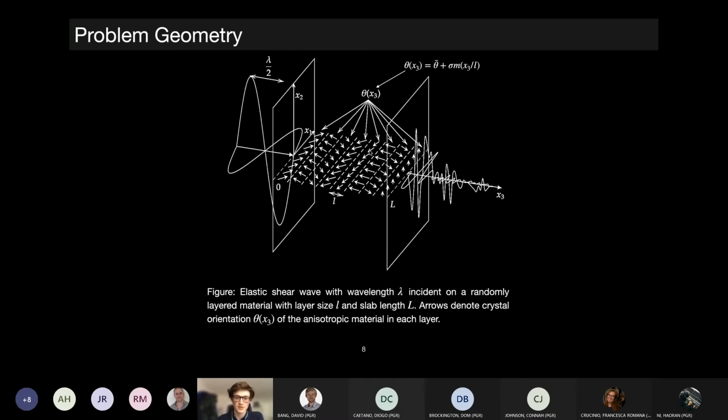So this is how we introduce the randomness to the model. We assume the grain angle, or the fiber angle, has this random nature. So this M here will be the Markov process we introduce to the equations.